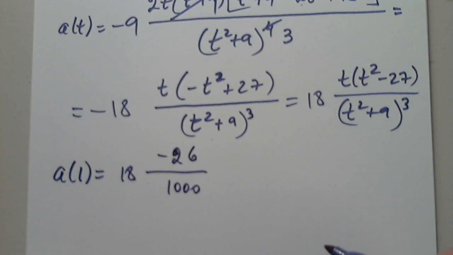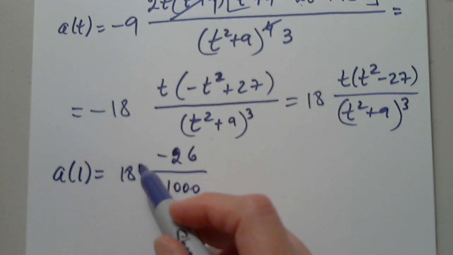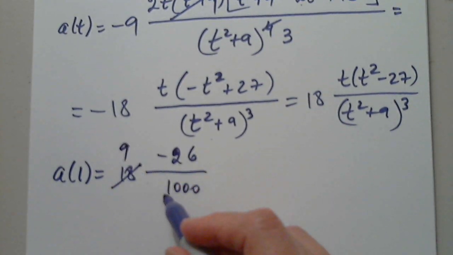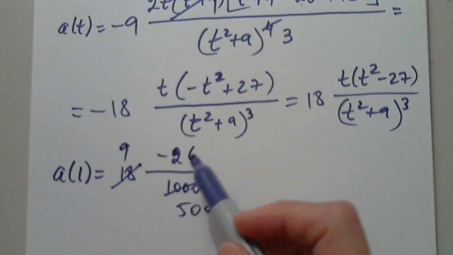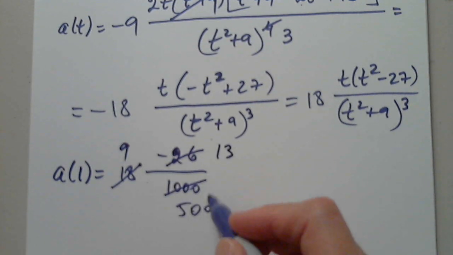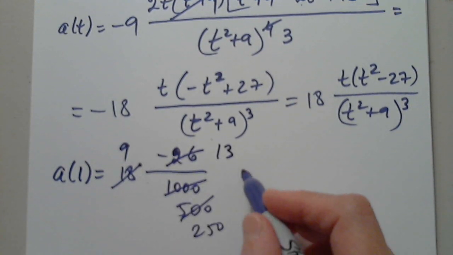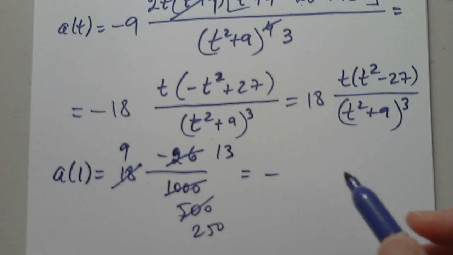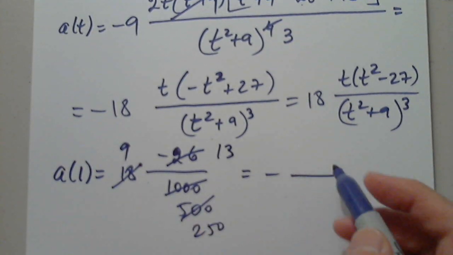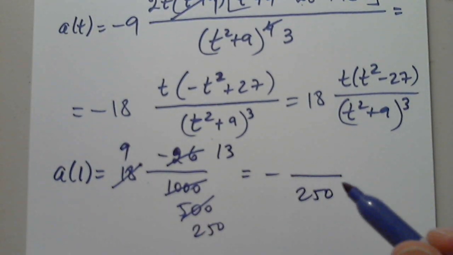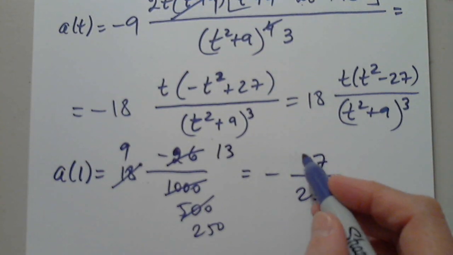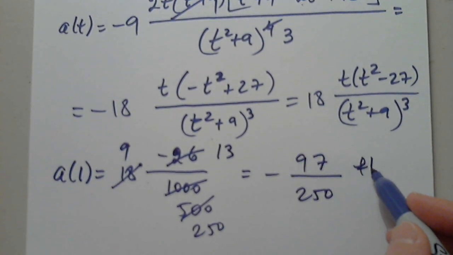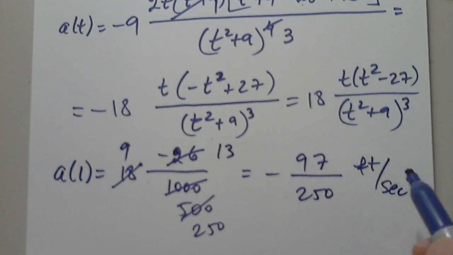Okay, let's see if I can simplify. I'll simplify by 2. I'll simplify by 2. So I have negative 9 times 13 over 250. 97. And it has to be in feet per second squared.